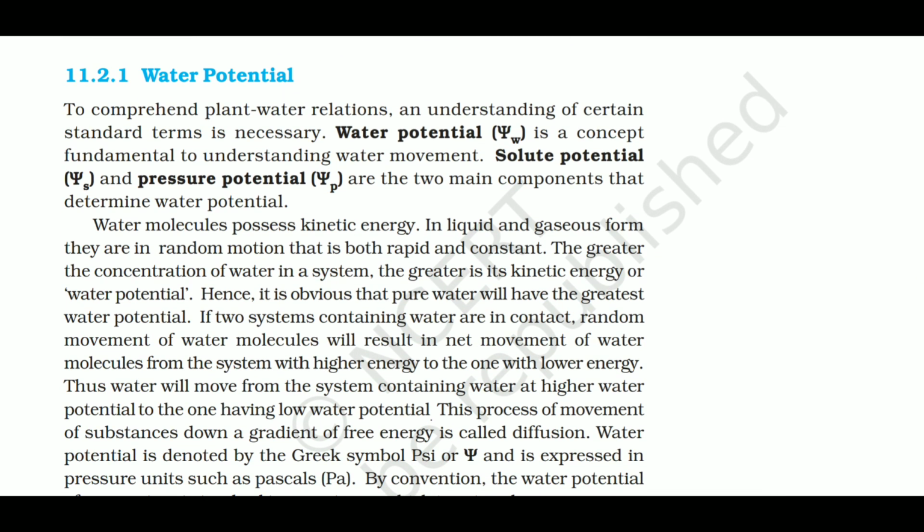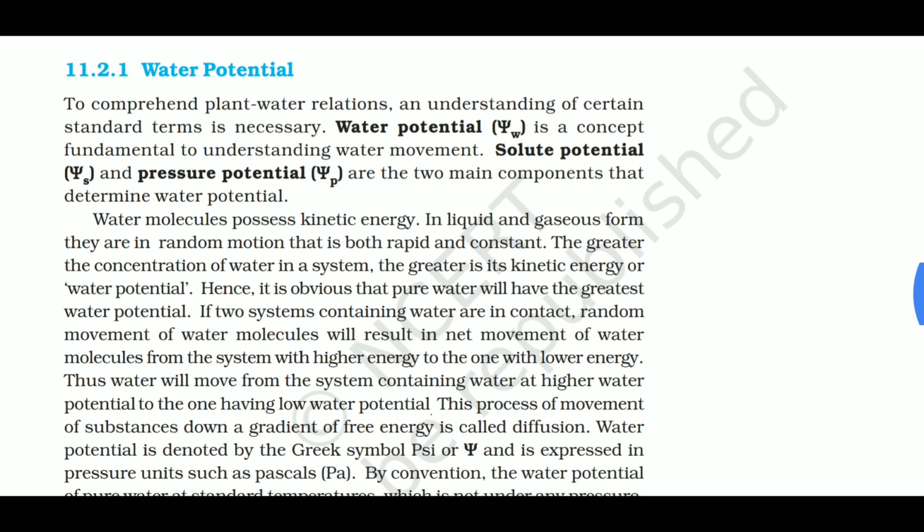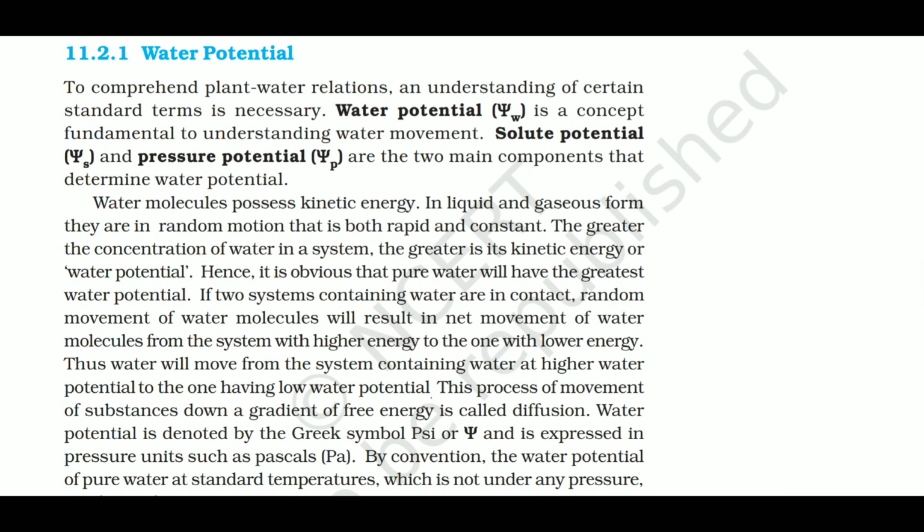Next, water potential. To comprehend plant water relationships, an understanding of certain standard terms is necessary. It is a very important concept. First is water potential, psi W, a concept fundamental to understanding water movement.